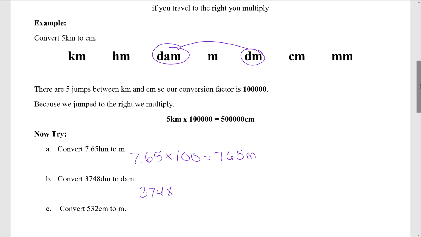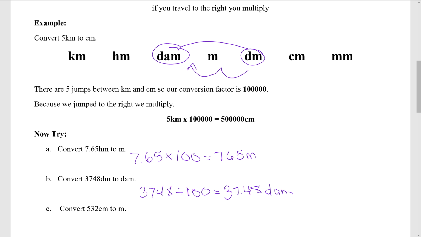So this time we're dividing. And how many jumps are we making? We're making 1, 2 jumps. So that means I put 2 zeros on my conversion factor, which means I'm dividing by 100. 3,748 divided by 100 is 37.48. So that tells me that 3,748 decimeters is equal to 37.48 decameters.